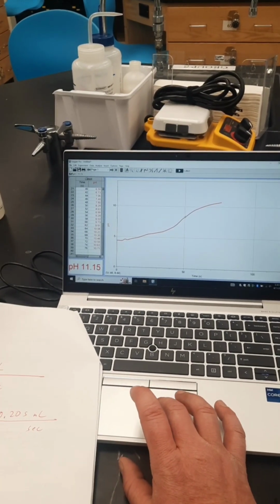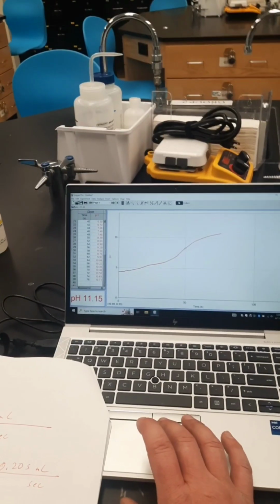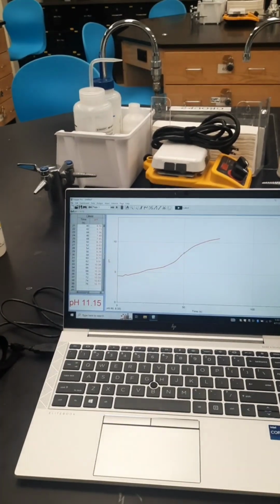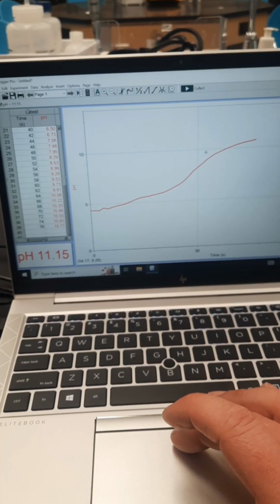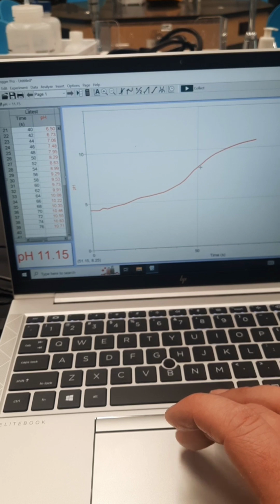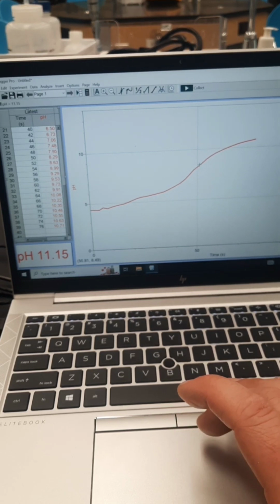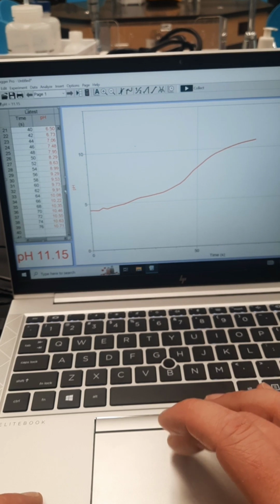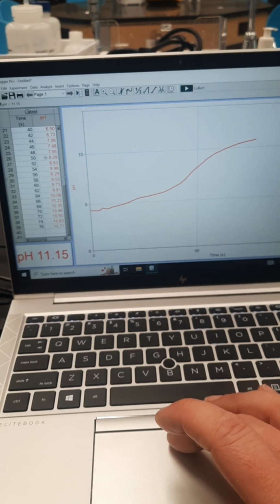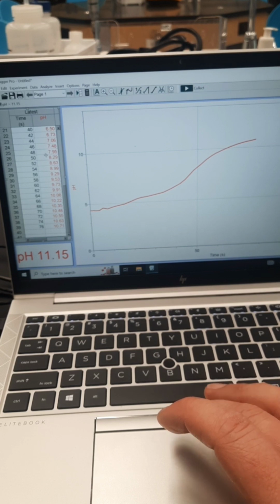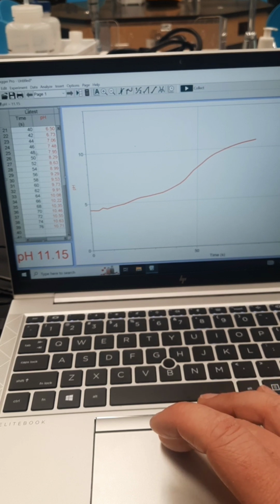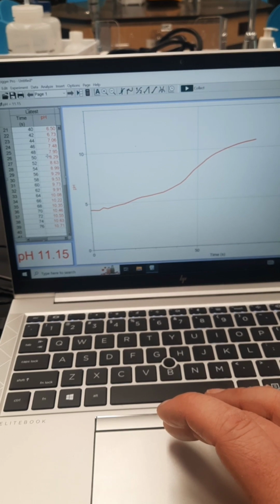After finding the drip rate, I want to find the steepest part of this curve. To find the steepest part of this curve, or the equivalence point, I can use my cursor here to get a guess that it's around 50 seconds. Coming back up in here, I want to look at two data points that have the greatest change in pH over these 2-second intervals.